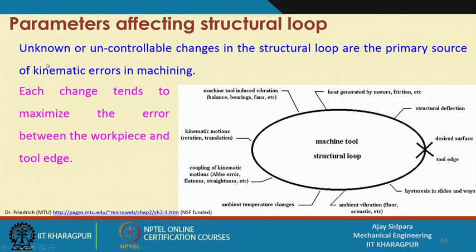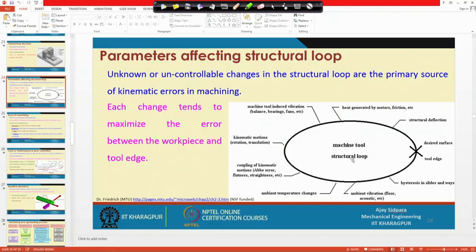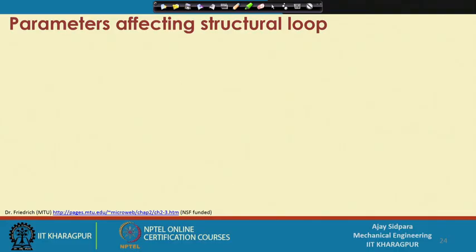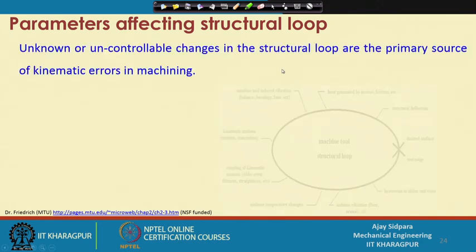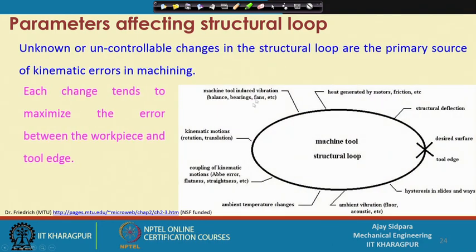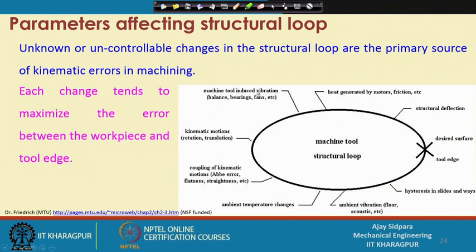In the last class we have seen these are the issues which will be covered during the machining operation. Vibrations are one, then heat generation, then structural deformation, and these are the two locations which keep this particular loop closed.